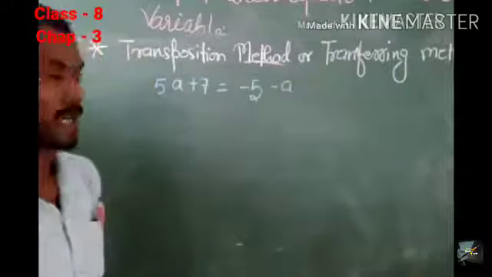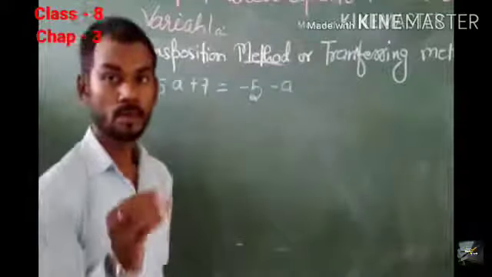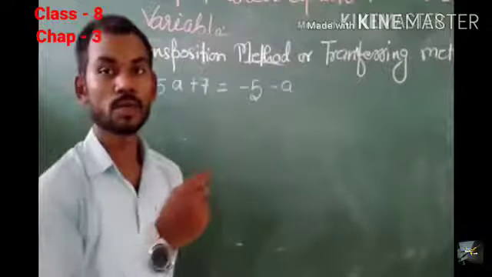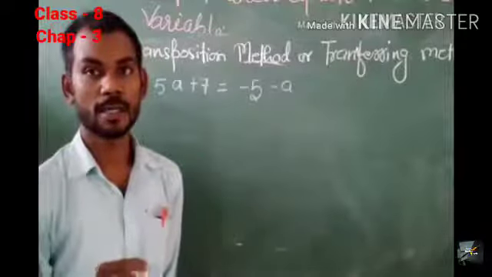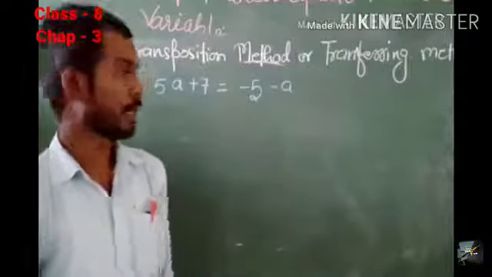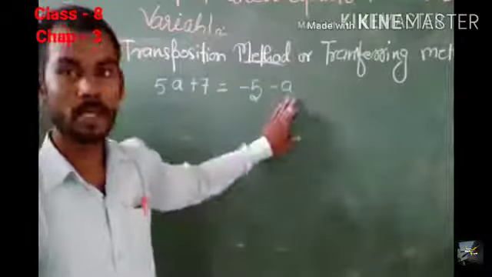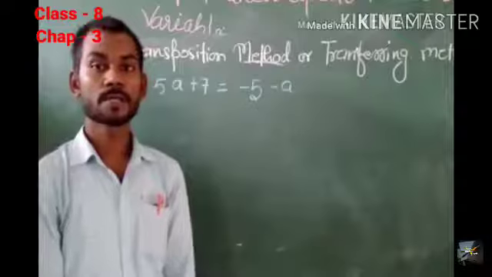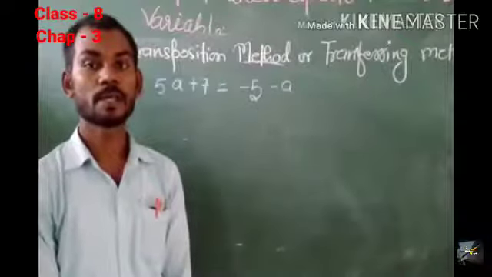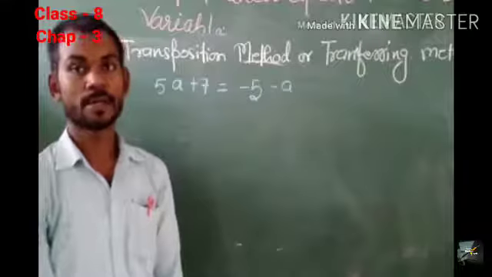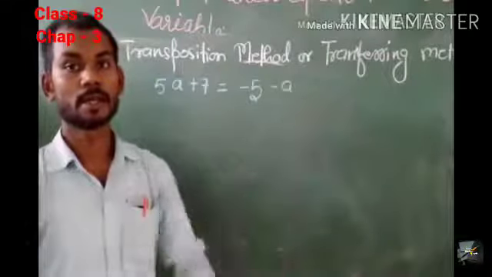Here we can see that both sides, left hand side and right hand side, have constants as well as an unknown quantity, that is the variable, and the variable is denoted here by a. So here we need to transfer the variable quantity to one side and the constant quantity to the other side.